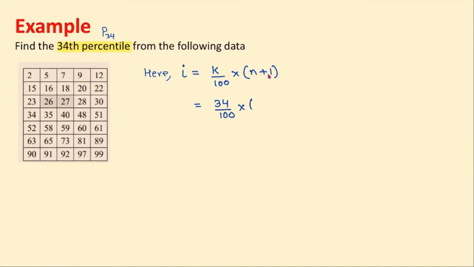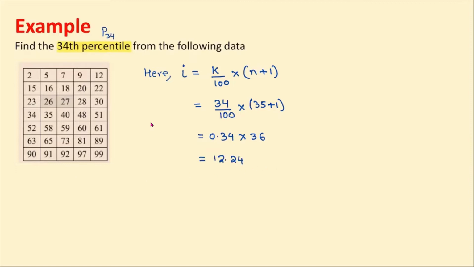So that is 35 plus 1, and 34 divided by 100, 0.34, times 36. So the value of i, or the position of the 34th percentile, if we multiply these two, is 12.24.